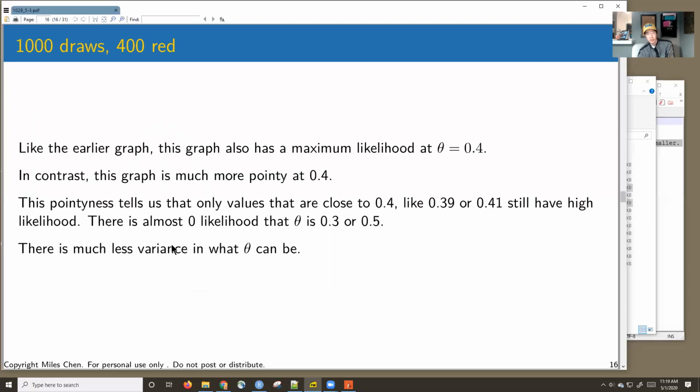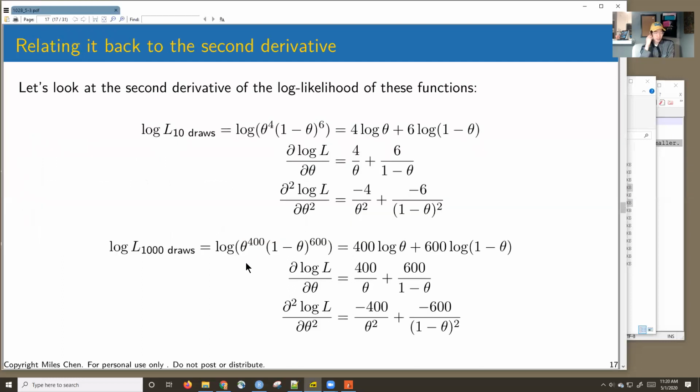So we're going to say that values like 0.39 and 0.41 have high likelihoods, but there's pretty much zero likelihood for theta being 0.3 or 0.5. There's much less variance as far as what theta could be, and this is related to how confident we can be in our estimates.